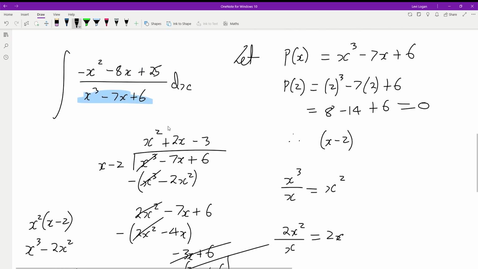So when you divide this by this polynomial, you get the following quadratic.